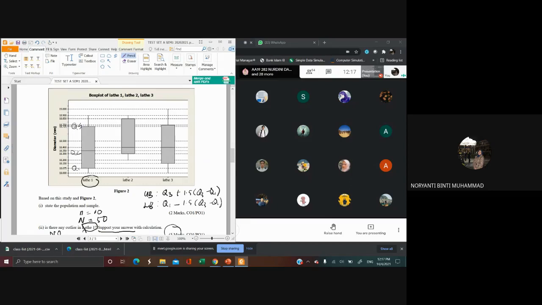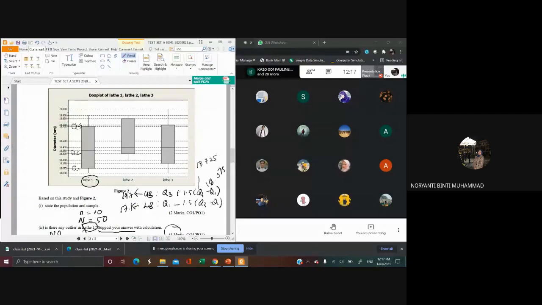Here it is given that Q3 is 18.725 and Q1 is 18.075. We substitute them here and calculate. So here you will get the upper bound is 19.7 and the lower bound is 17.1.